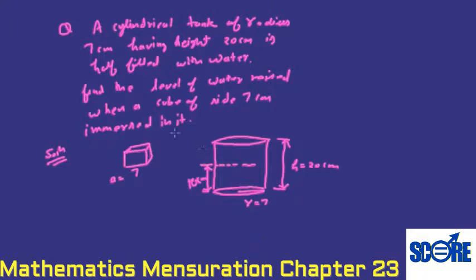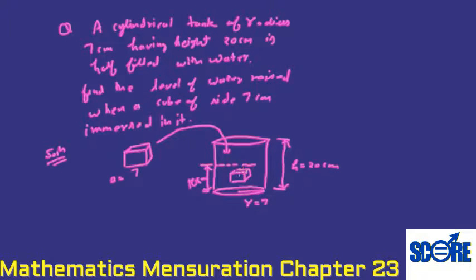Now when we are immersing this cube in the cylinder, let's say this cube comes at this position. Now the space occupied by the water is occupied by the cube.